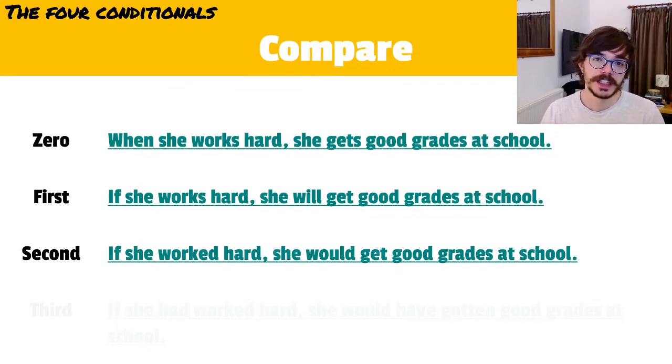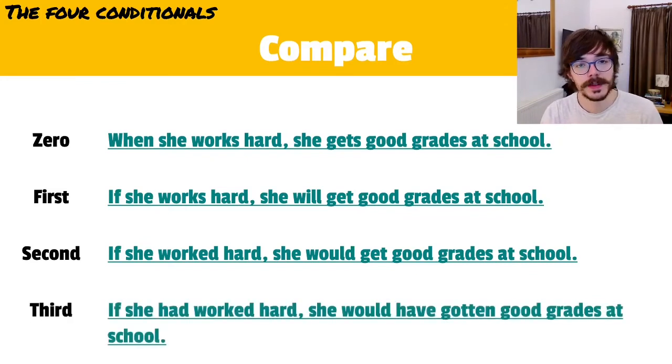So it suggests that, well, now she's not working hard. But it's unlikely, but if she did, she would get good grades. So I don't think she's going to work hard, probably.